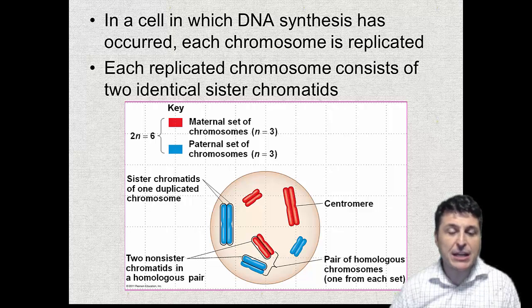But the replicated pairs, the two blues of the same size or the two reds of the same size, are what we call sister chromatids. And these sister chromatids will be held together at the center called a centromere. So our homologs, when they're duplicated, will consist of pairs of sister chromatids.